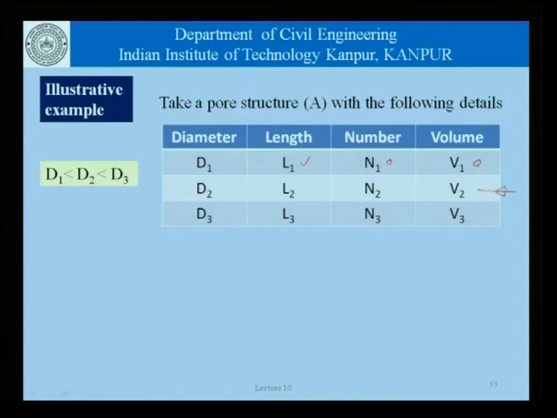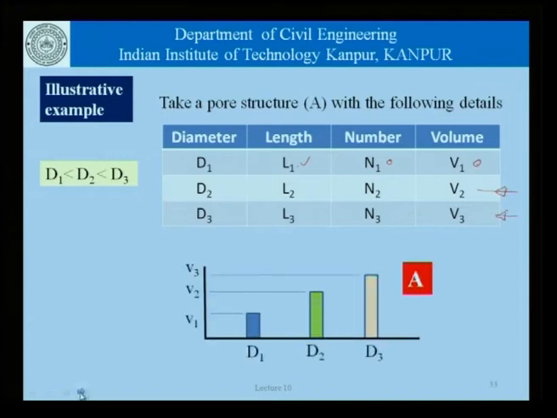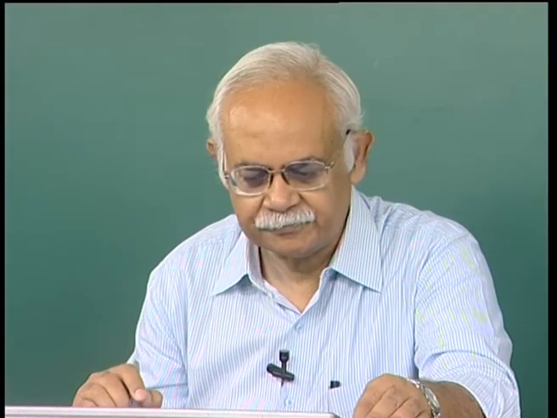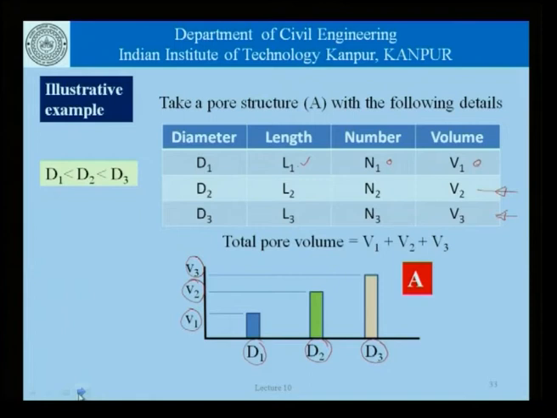Similarly, we can have an expression for V2 and V3, and this is a schematic of these volumes and the diameters, that there is a V1 which is associated with D1, there is a V2 associated with diameters D2, and a V3 which is associated with D3. The total pore volume in this system is V1 plus V2 plus V3.